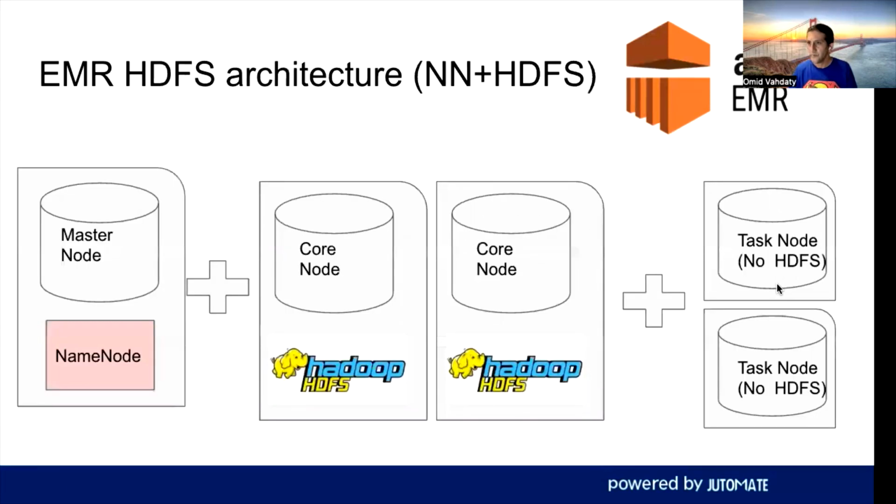Okay. So let's talk about EMR with HDFS architecture. You have a name node, which is an application that manages all the file locations on HDFS, meaning when a job comes, it asks the master node, listen, I want to run a job on a specific file, where is it?